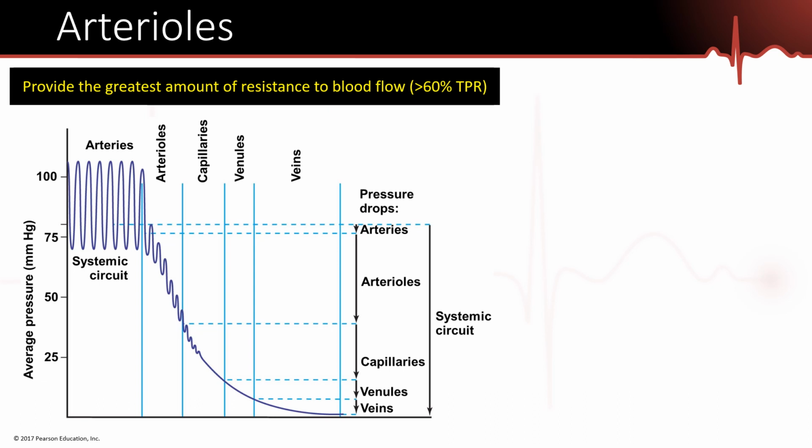The vessels taking blood to these less essential organs during exercise, they vasoconstrict and the resistance increases. But the vessels taking blood to contracting muscles, let's say the more essential organs during exercise that actually need the blood and oxygen, those vessels vasodilate and their resistance decreases. So in different areas of the body, you get increases and decreases in resistance.